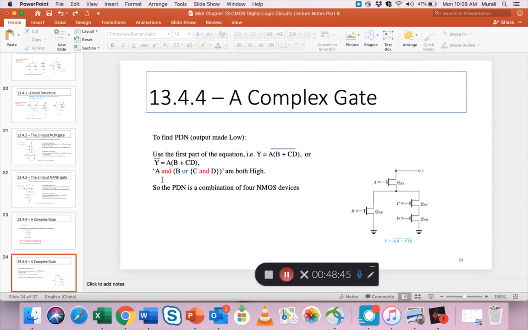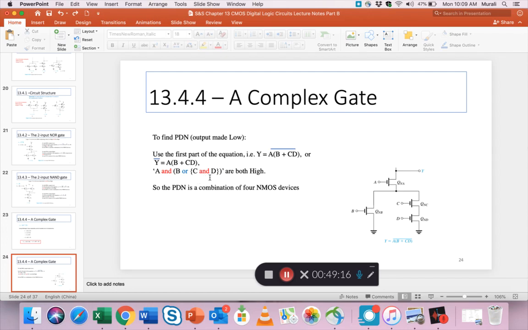What it means is y will be low on this side when a and this whole thing are both high, because this is an AND function. So when A and all this are both high, then Y should be high and Y bar should be low, which is what you're interested in. You want to make the output low.